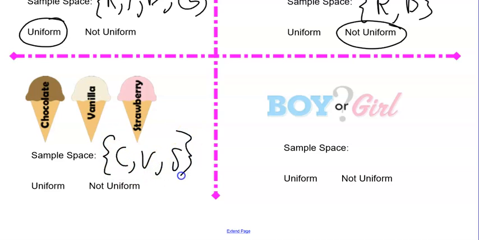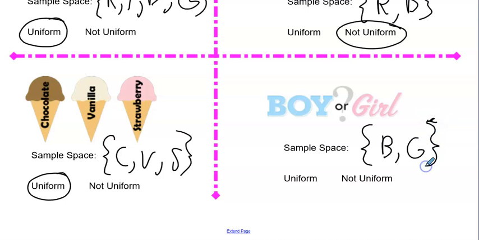And again, you can just abbreviate if you want, or you can write the whole word out. This is uniform because there's 1 of each type. Sample space here, boy or girl. And that would be uniform, equally likely.